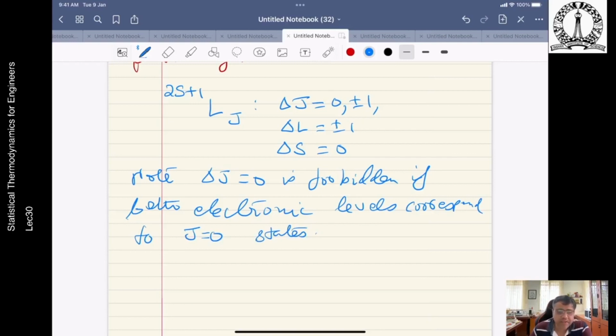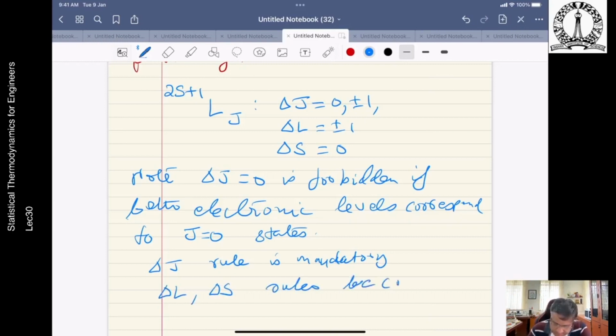Moreover, the delta J rule is mandatory, while the delta L and delta S rules become less so for Z greater than 40.